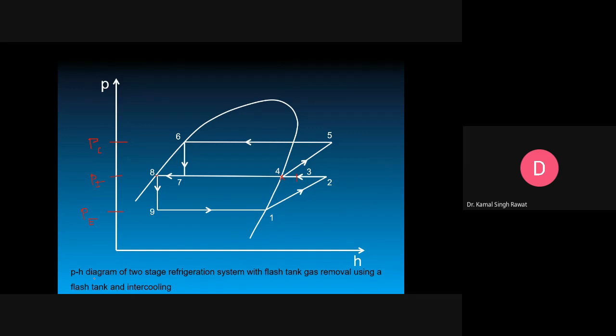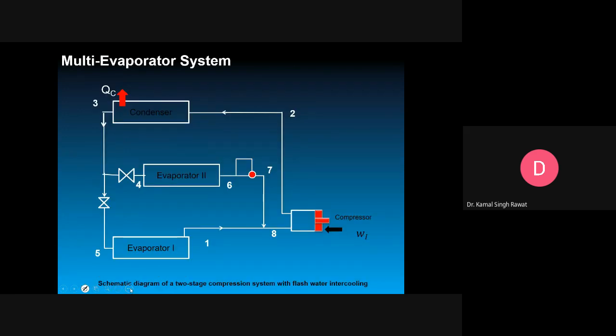Okay, so we already know all the basics, and notes are also provided, and all the detailed explanation is available in the notes. Now let's move to the next system, which is the multi-evaporator system.